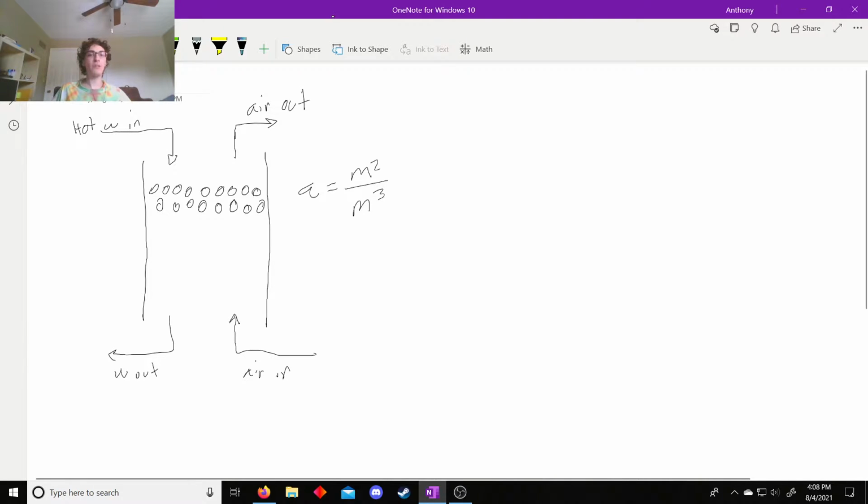It means for every cubic meter of packing, it gives us some additional area where the water and the air will see each other, or will be able to interact, and the water will be able to evaporate. So it allows more contact between the water and the air. So again, this is meters squared of contact between water and air for every cubic meter of packing. And this is throughout the whole column, but I'm just going to draw it right here.